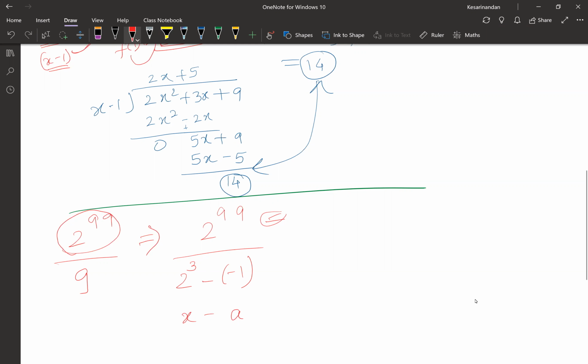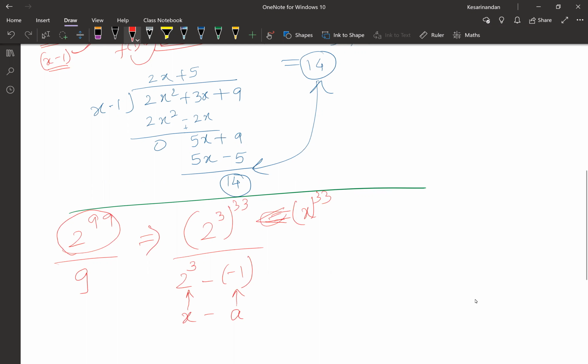So what will be the remainder, guys? If this is x, this is a, and this is the polynomial in x, what will be the remainder? -1. How did you get it?